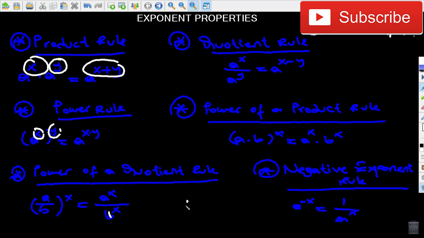A quick example about this: if I have x to the power of negative 3, this negative 3 is going to get moved to the denominator, and we're going to put 1 over here, and this whole thing is going to get moved to the denominator with 3 as being positive. So it's going to be equal to 1 over x to the power of 3.